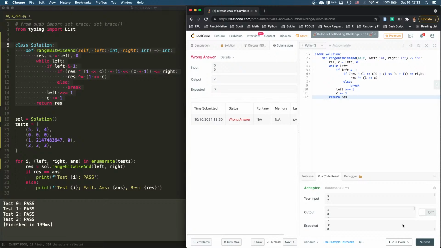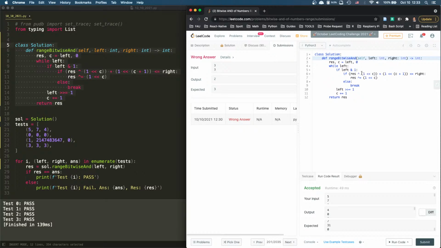And actually, if left equals right, then we can return it immediately. We don't have to go through this. Special case: if left equals right, then we just return left.